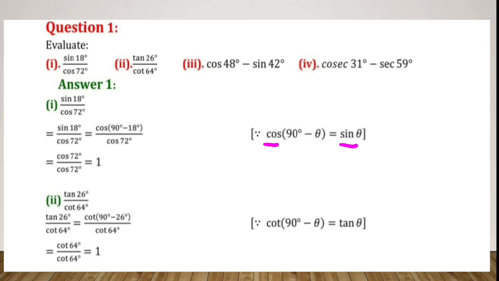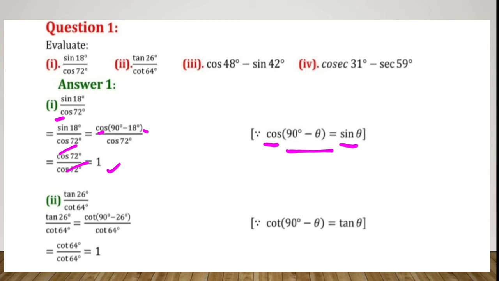So in place of the numerator sine 18, you can write cos 90 degree minus 18 degree by this formula. Now if you do the subtraction under the bracket, 90 degree minus 18 degree will be 72 degree. That means it will be cos 72 degree by cos 72 degree, which will cancel each other, so our resulting value will be 1.